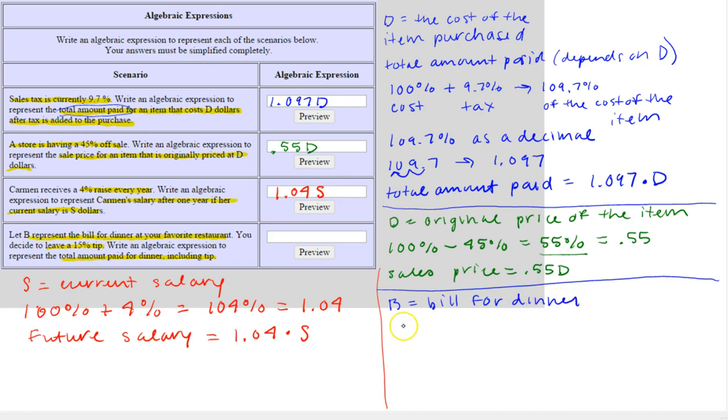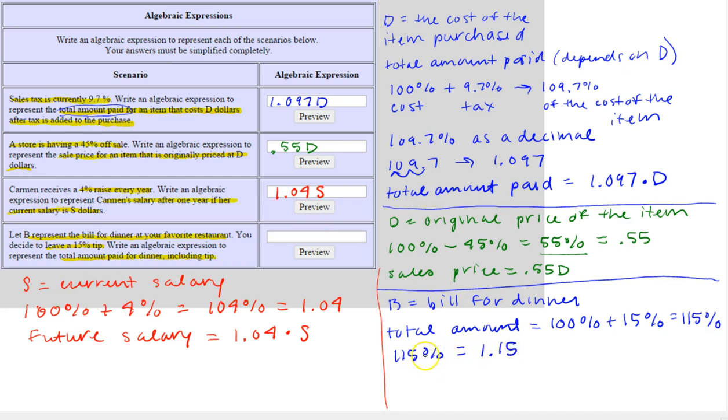The total amount paid is going to be 100% of the bill, because you have to pay the whole thing, plus 15% of the bill for tip. So you're going to pay a total of 115% of the bill, including tip. Writing 115% as a decimal is 1.15.